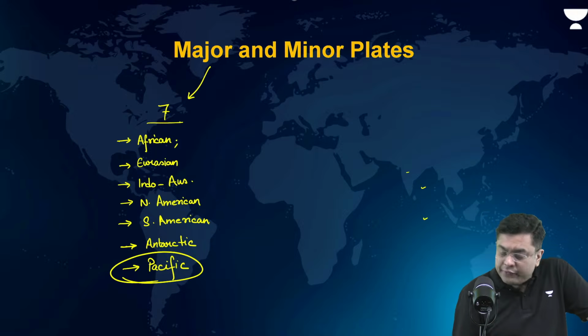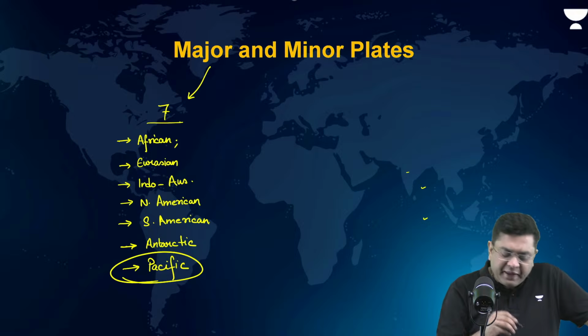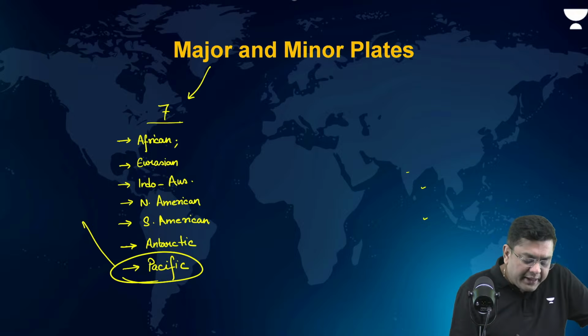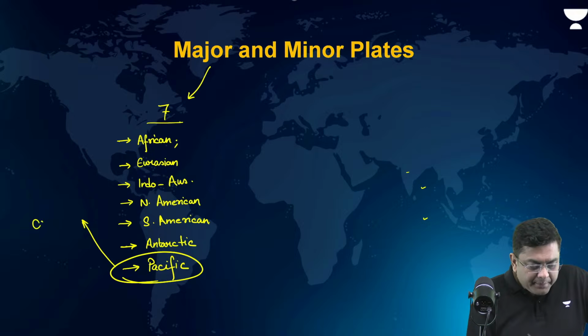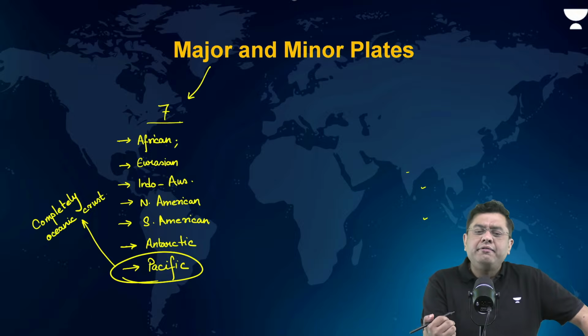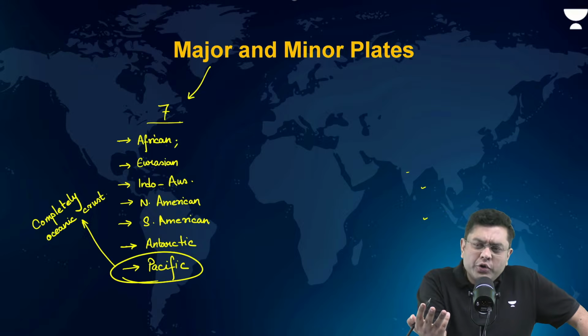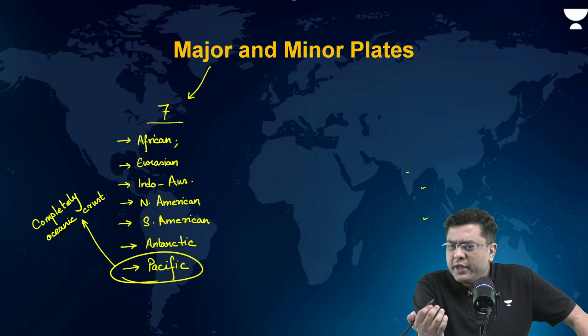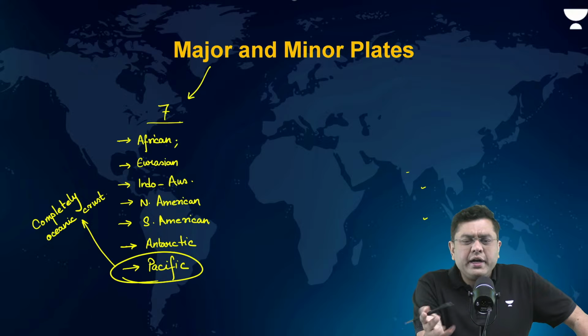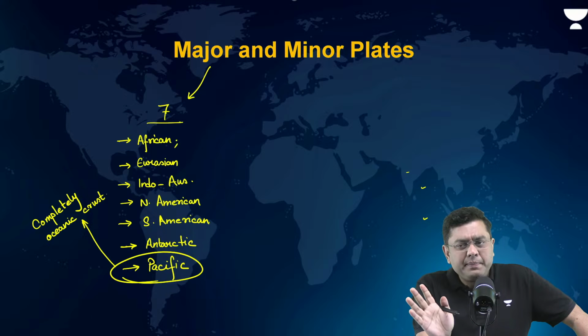Now, only one major plate is completely made up of oceanic crust. And you have a large number of minor plates. Cocos, Nazca, Caribbean, Anatolian, Arabian, and so on and so forth. All of these were basically minor plates.